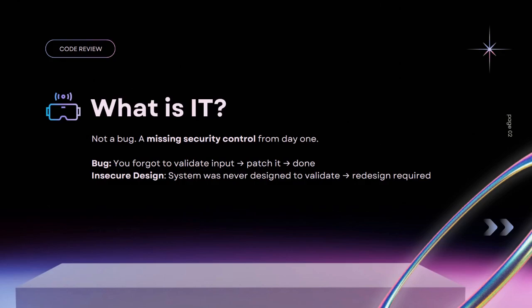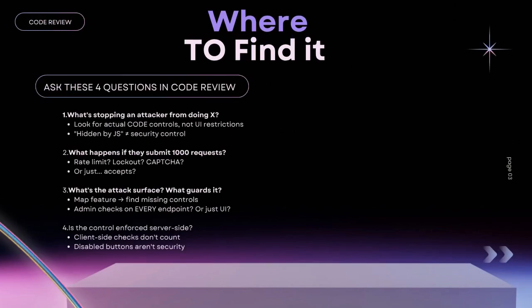Okay, so how do you spot this stuff when you review code? The key is you are not looking for a bug. You are looking for a missing guard. When I do a code review, I ask myself a few questions. The first question: what's stopping an attacker from doing X? Let's say it is a password reset feature.